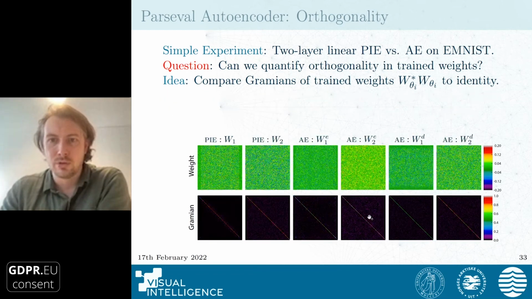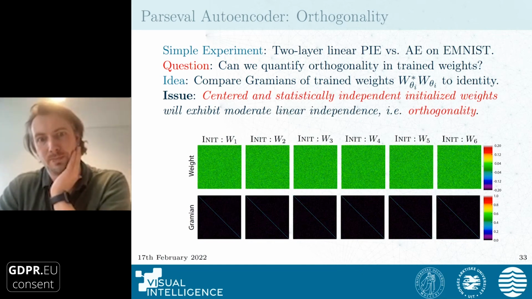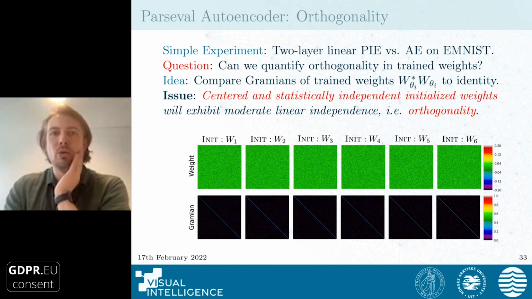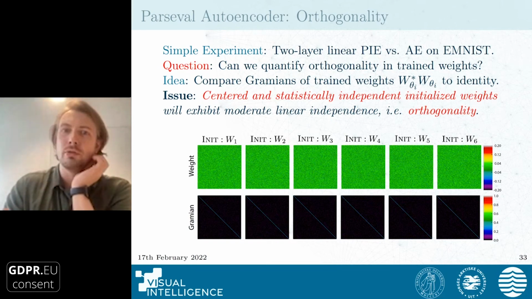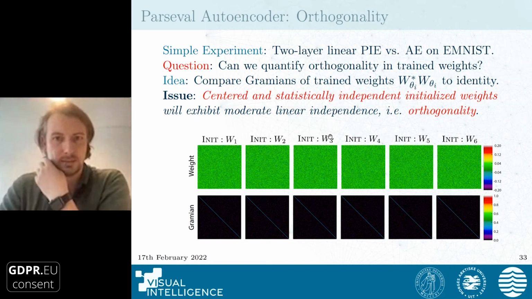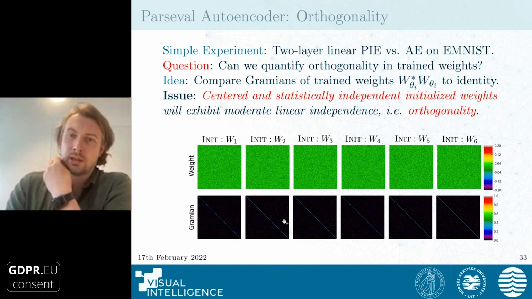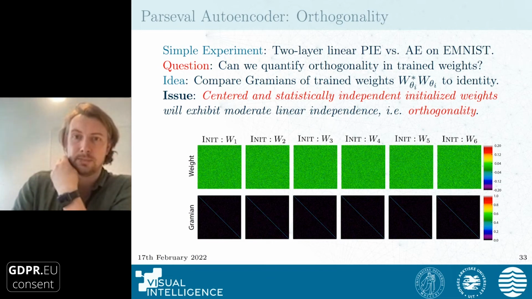However, one thing that you have to note is that when you just initialize a weight matrix in a neural network, it will always have some notion of orthogonality due to the independence of the initialized weights. So we want to factor that part out to look at, are the weights actually orthogonal? Has the network learned anything?